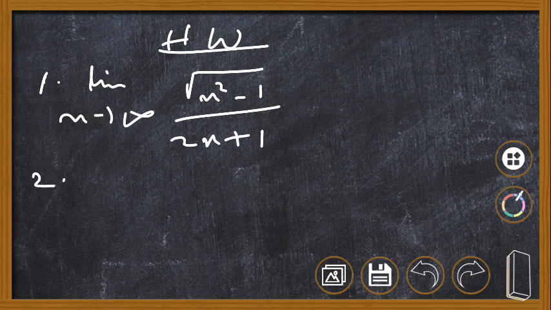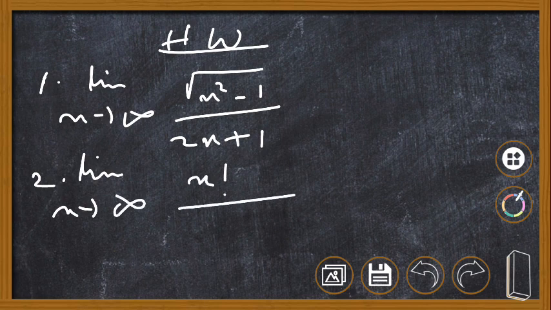My number 2 question is limit x tends to infinity x factorial divided by x plus 1 factorial minus x factorial.